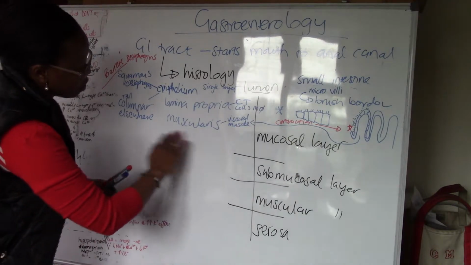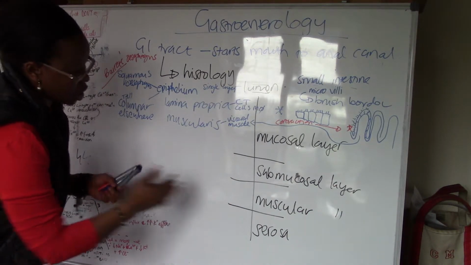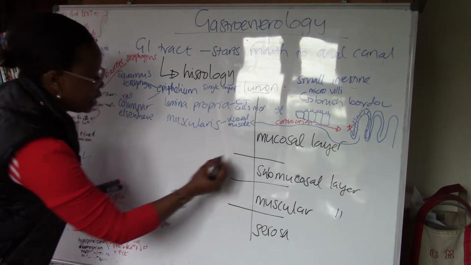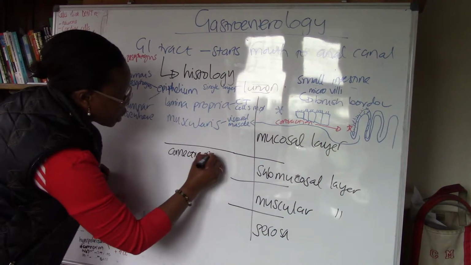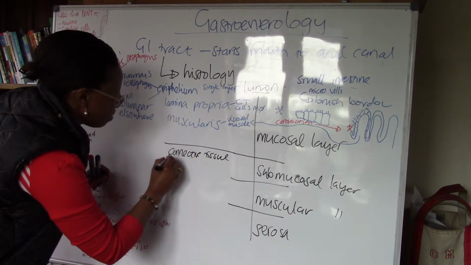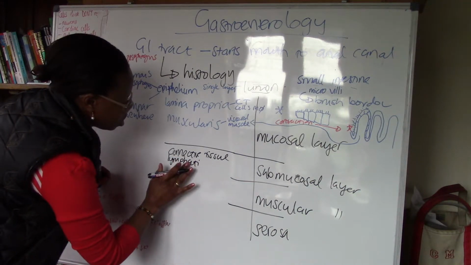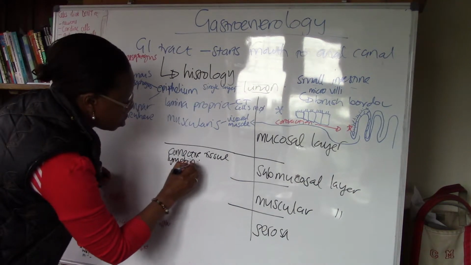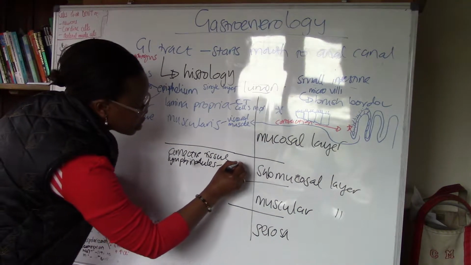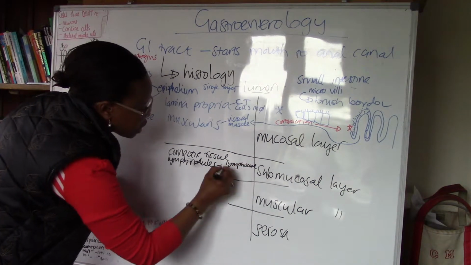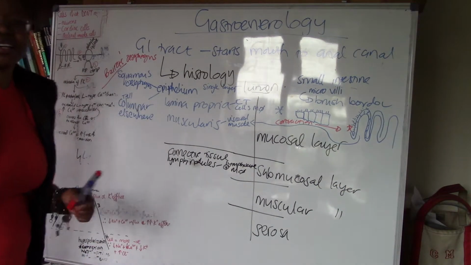from the muscularis, we then have the submucosa. The submucosa again has connective tissue, and it also has lymphatic nodules, lymph nodules, which contain lymphocytes and resident macrophages. Again, blood vessels.